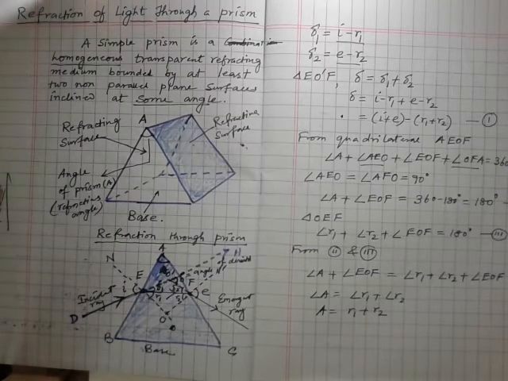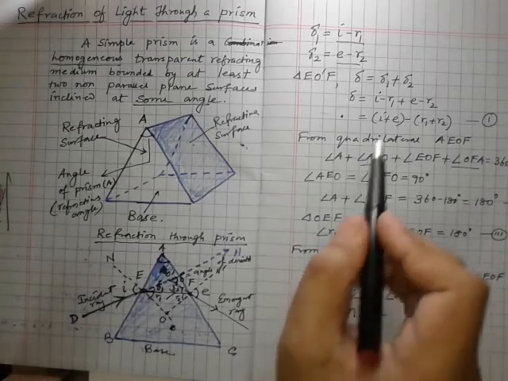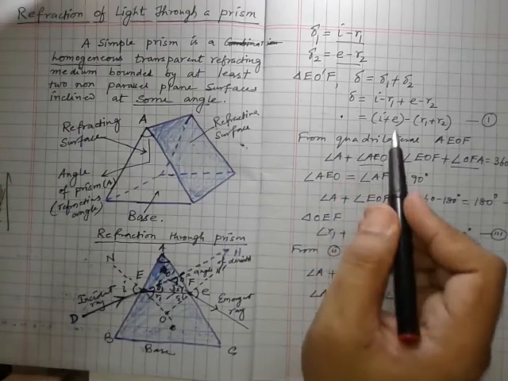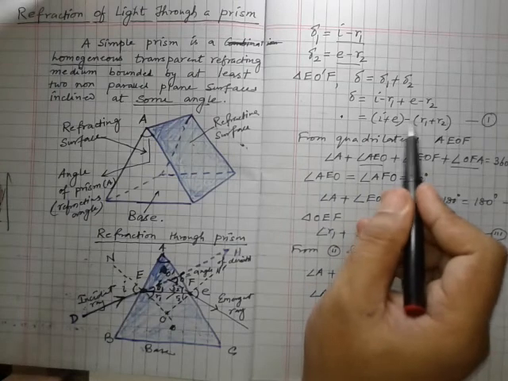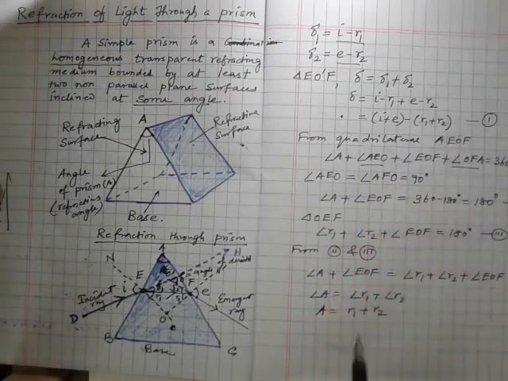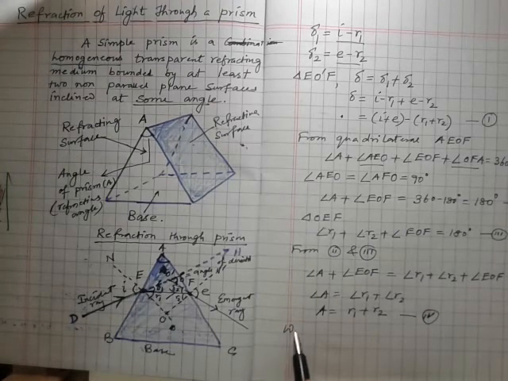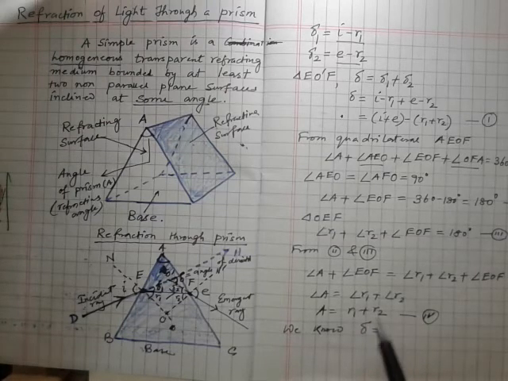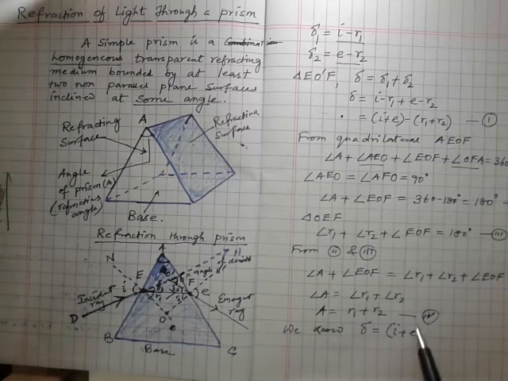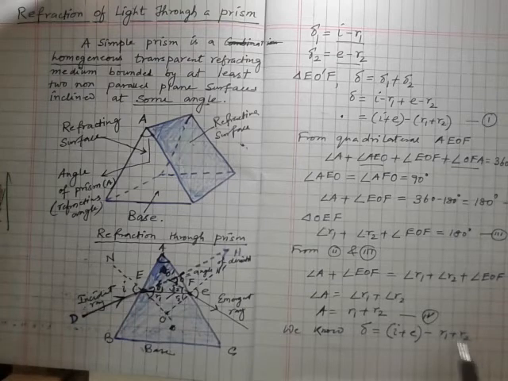And also we found that delta is equal to what? Delta is equal to this one: E plus A minus R1 plus R2. So if we put the value in equation number 4, the angle of deviation delta is equal to I plus E minus R1 plus R2.